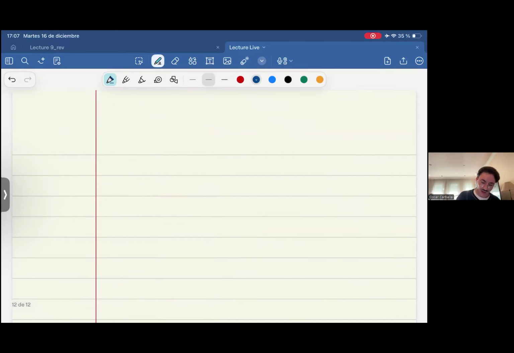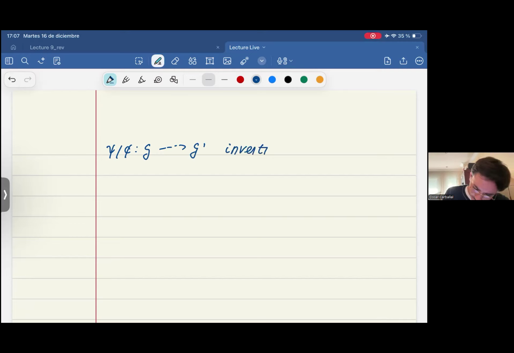And finally, just let me say, this is the last thing, sorry. A generalized map is invertible if and only if this map here, phi, is Morita, right? So the generalized map is invertible if both maps are Morita.